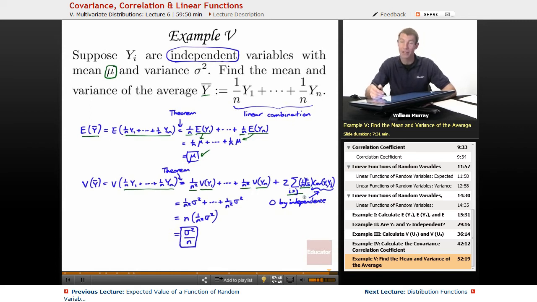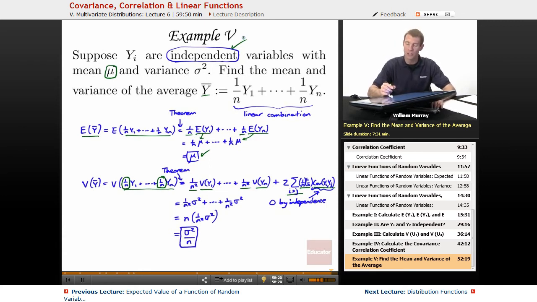A little messy there, but that says 1 over n times 1 over n, and that's coming from these coefficients right here, and the covariance of yi and yj. The fortunate thing is that we have a theorem that says when two variables are independent, their covariance is 0. Converse of that is not true. Could be covariance 0 without independence, but if they are independent, their covariance is definitely 0, and we were given that they are independent here.